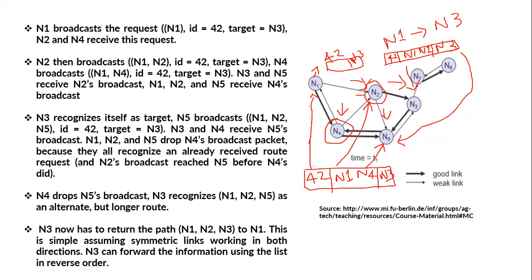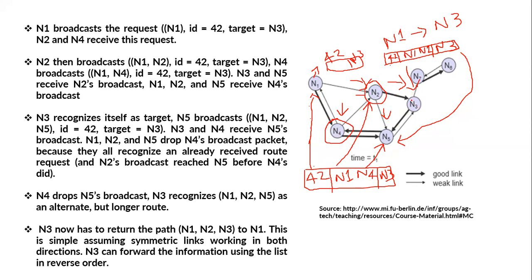Okay, so I think it is clear. There are two packets gone from N2, one to N5 and the other to N3. And there are three packets gone from N4, to N1, N2, and N5. Okay. Now let us see case by case what happens.